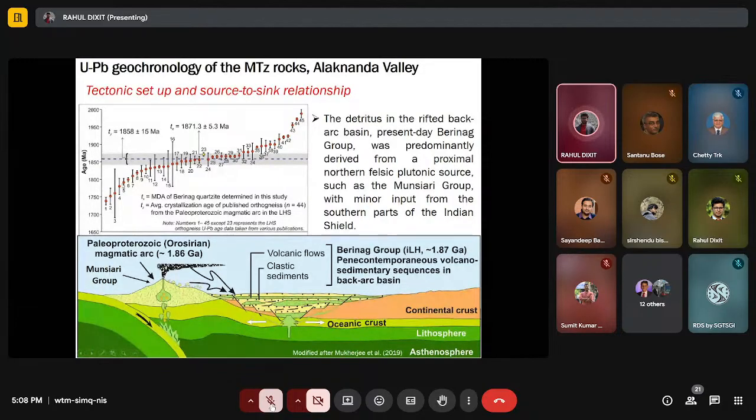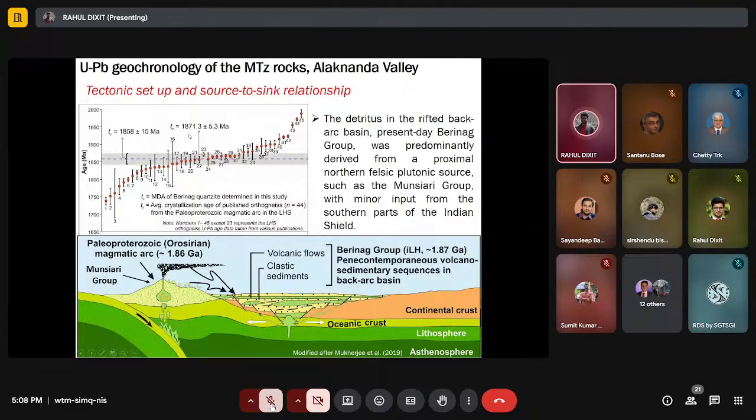The average age of all these published orthogneisses from the different papers came out to be 1858 ± 15, whereas the maximum depositional age, that is tx, that we got in our work for the quartzite came out to be 1871 ± 5.3.